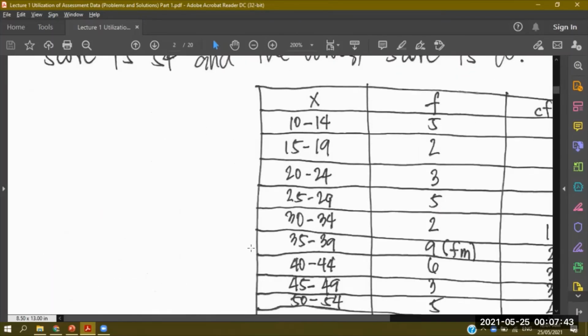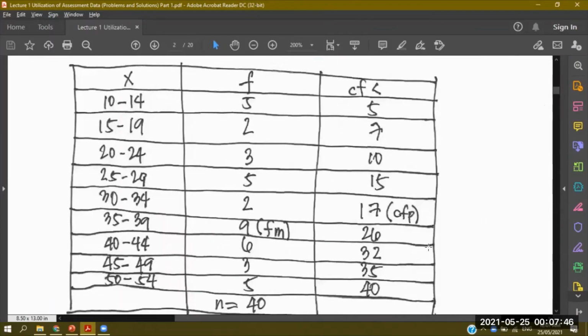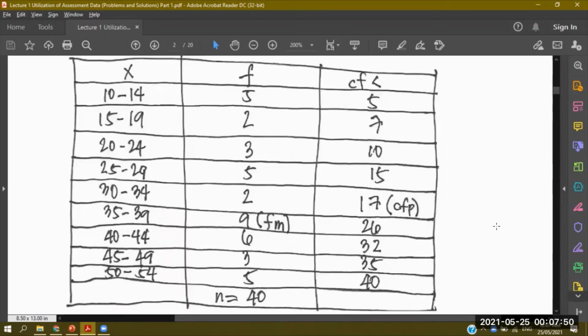Okay. Ito yung sinabi ko kanina na ang pinaka-easy siguro i-identify dito ay yung class interval kasi ang gagawin mo lang is to count. Sir, paano ma-identify or to determine your CI? Mag-count ka 10 to 14. So you have to include 10 and 14. So you have to count 10, 11, 12, 13, 14.